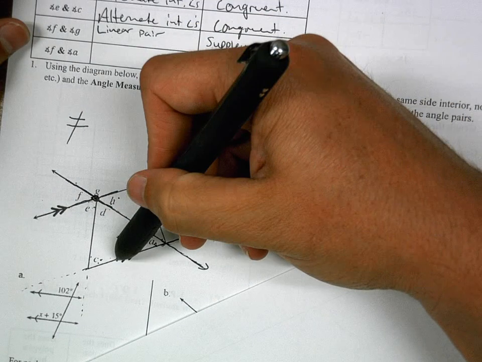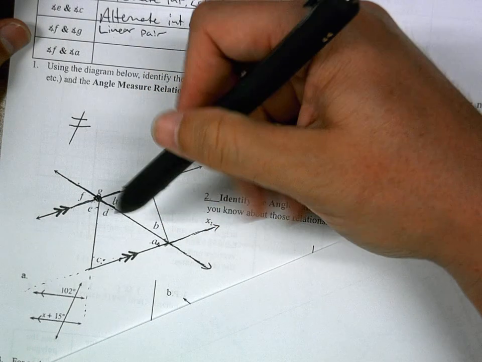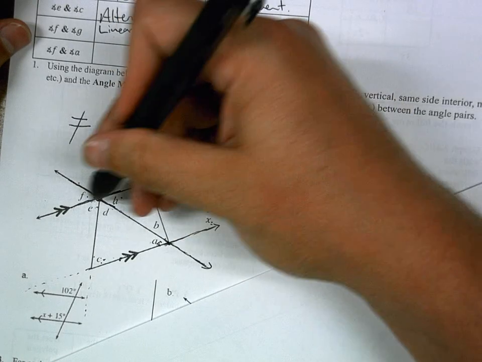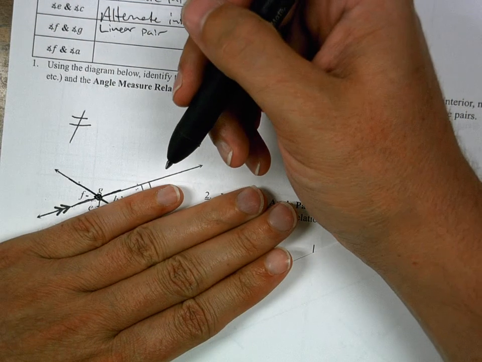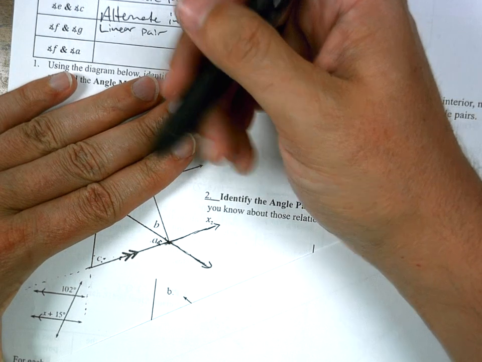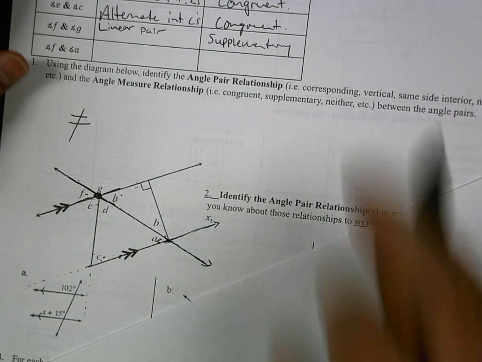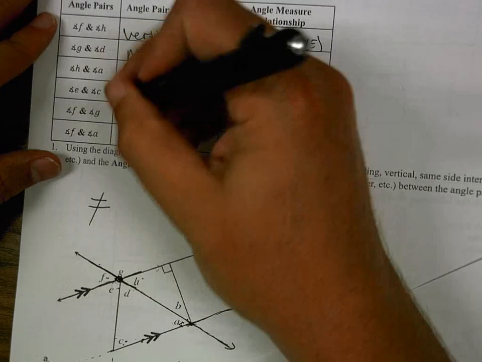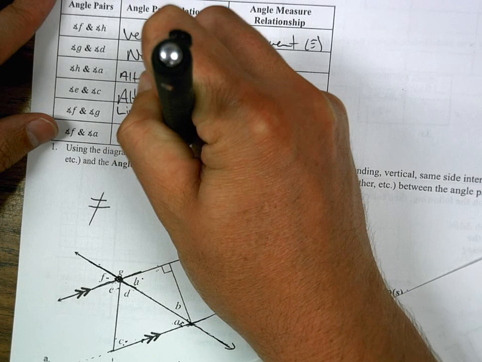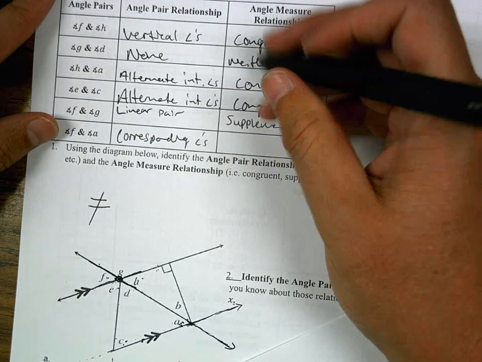And A is also formed by the parallel line and the transversal. So since they are in the same position, one looks like that, the other one looks like that, those are called corresponding angles. And those are congruent.